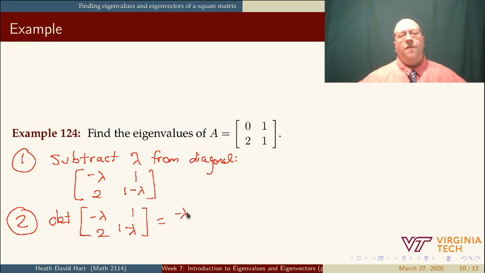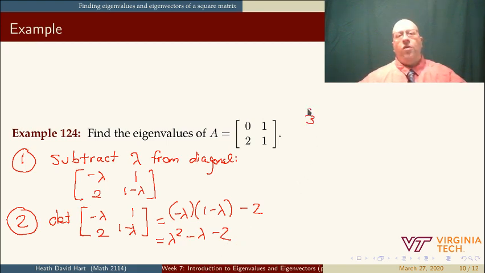That's going to be negative lambda times 1 minus lambda minus 2. Multiply these two together and then multiply these together and subtract. If I FOIL this out, this is lambda squared. Negative lambda times negative lambda is lambda squared. Negative lambda times 1 is minus lambda, minus 2.